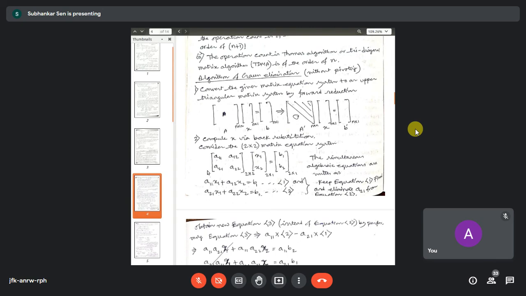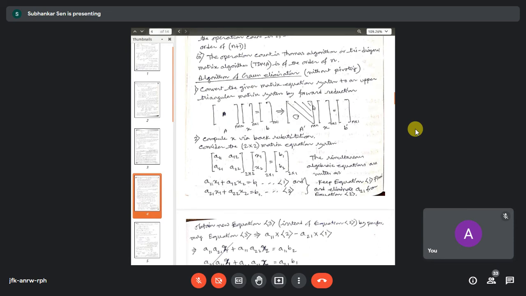So in the first forward reduction, your first off diagonal term is gone. In the second operation, the first two terms of the third equation are gone. Like that, when you go for n minus 1 operations, only the diagonal term in the last equation will be left. All other terms will be made 0.